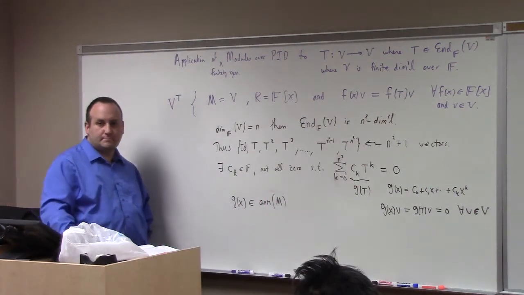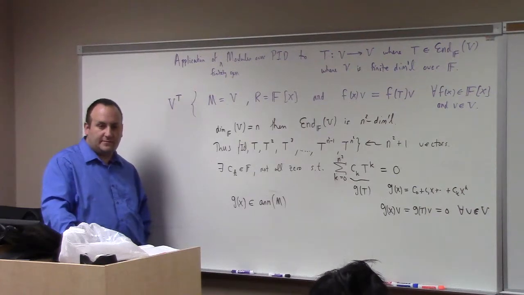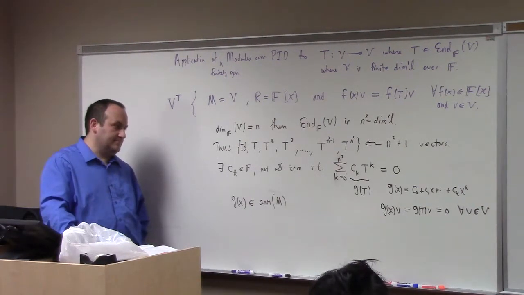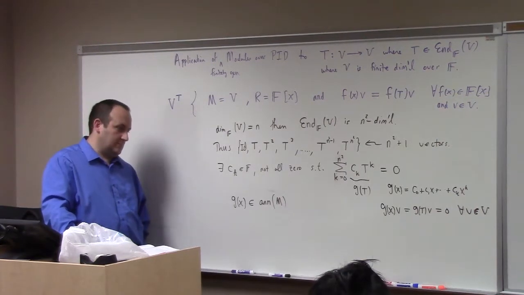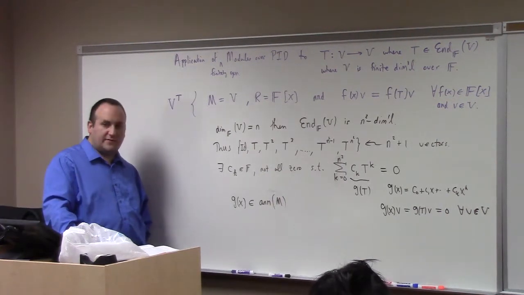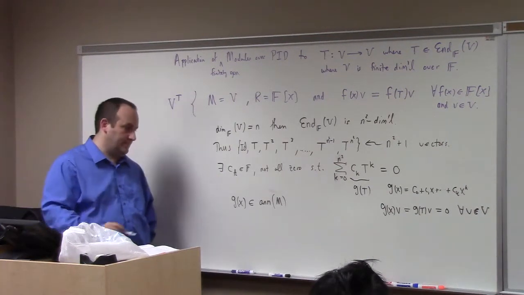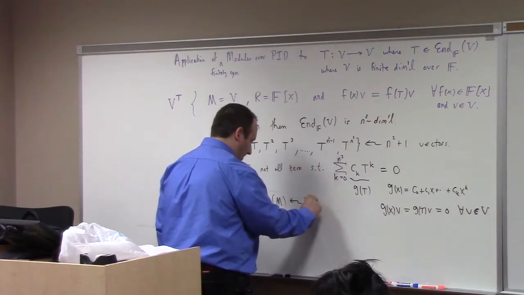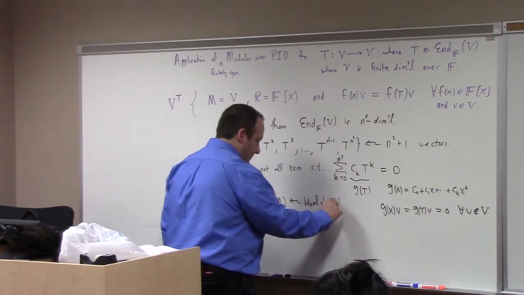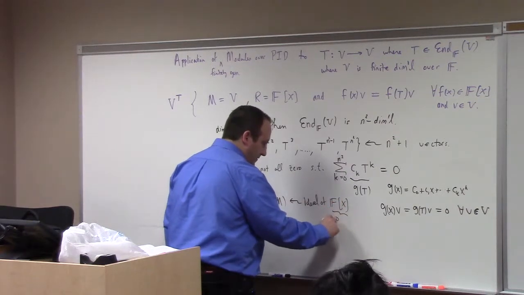So the annihilator is non-empty. It's not 0. But of course, this is an ideal in where? Of this, which is again a PID.